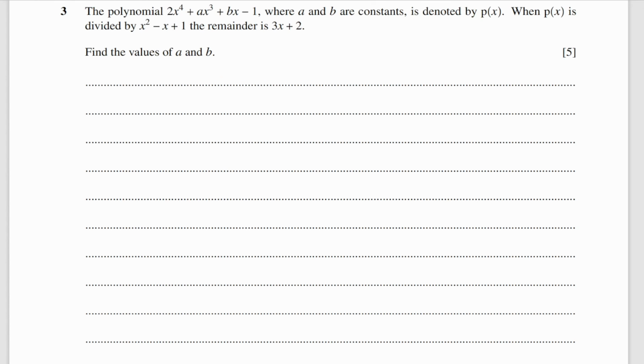Okay, next question. Let's prepare for long division. First of all, I will have to multiply x squared by 2x squared, so I can get 2x to the power 4.